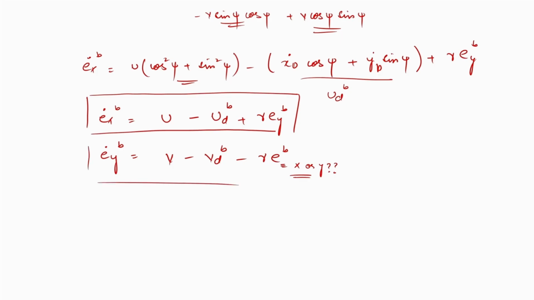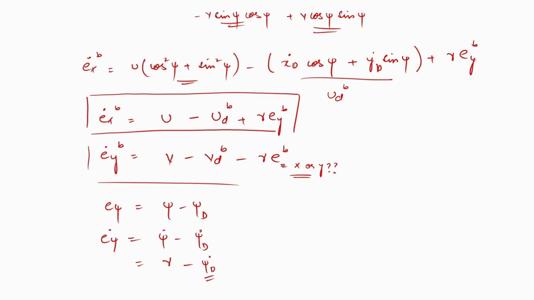So now we have these tracking errors. If you remember, I had already defined this tracking error for the yaw angle as well. So why is that important? We will know that up next, but let me derive that. It is really easy. We had e psi is equal to psi minus psi desired. So its derivative becomes psi dot minus psi desired dot, and this is equal to r from the kinematics, and this is psi desired dot.